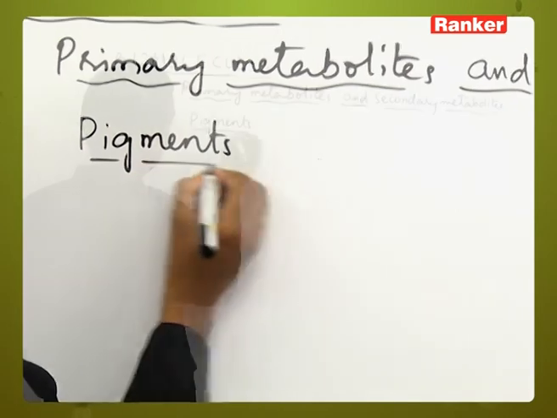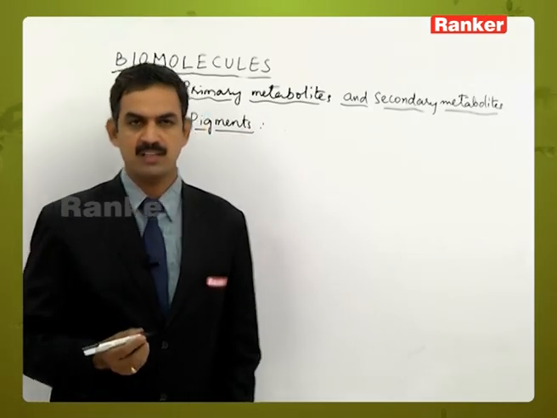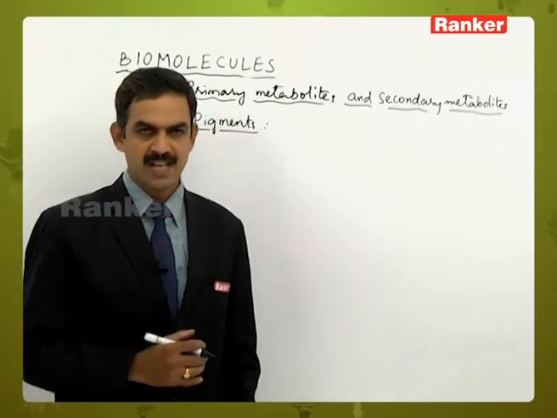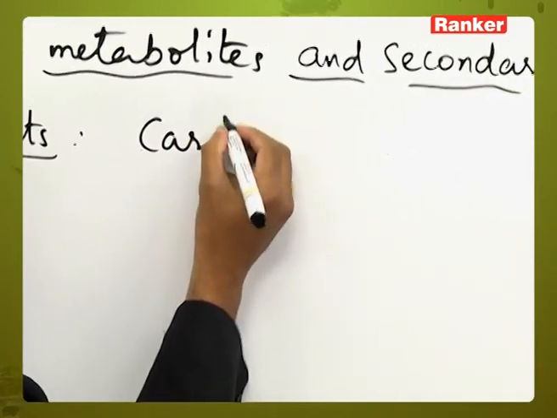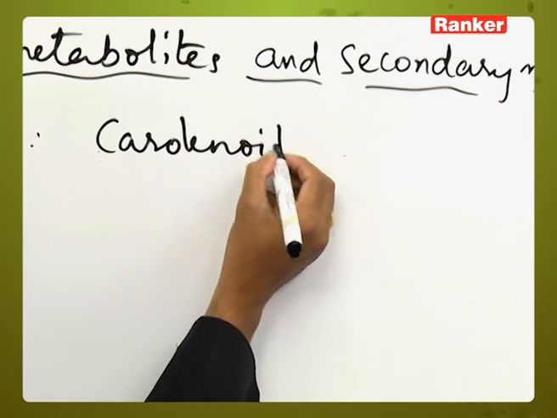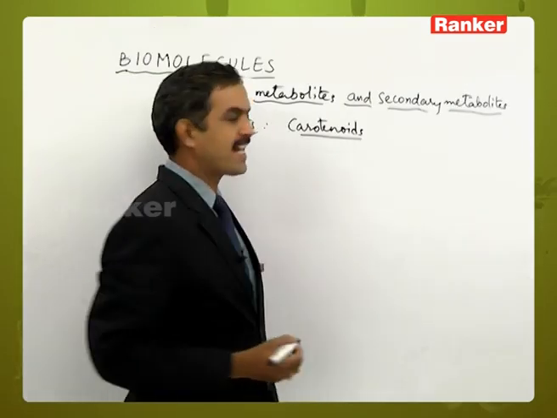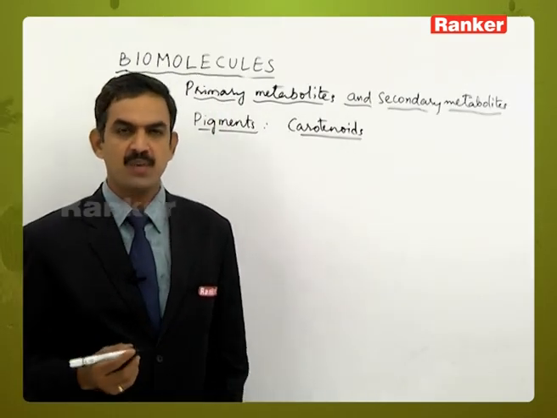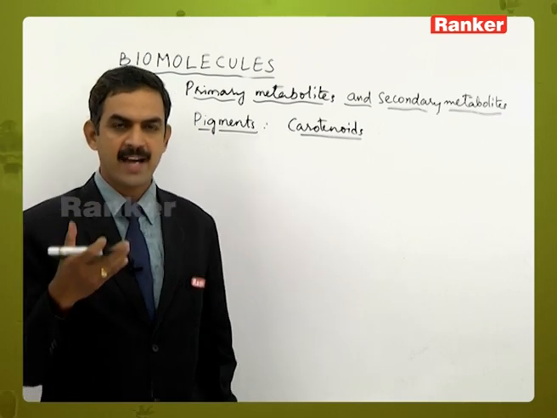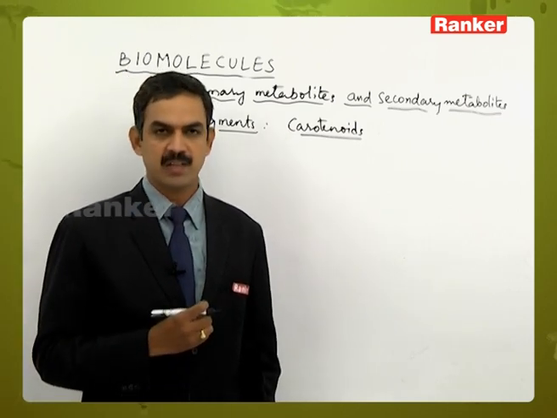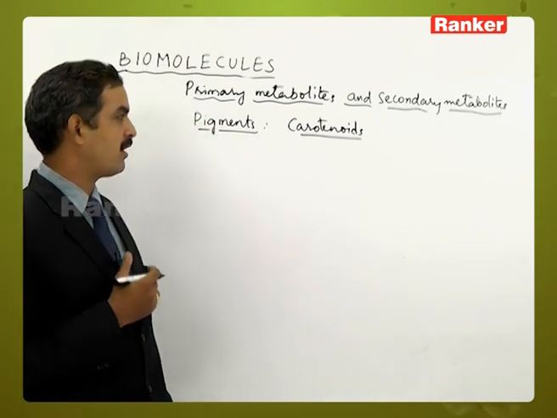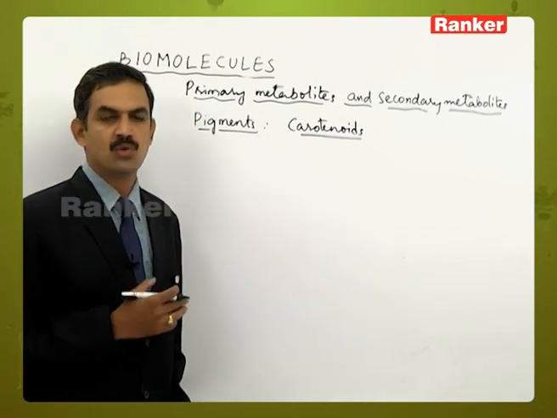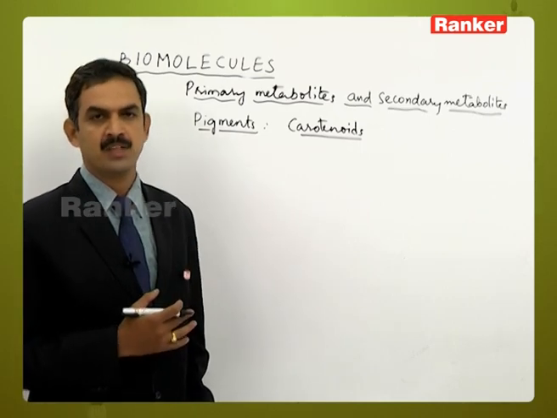As we know, plants produce many types of pigments, the chlorophyll pigment, but apart from that, they also produce carotenoids. Carotenoids are the accessory pigments which assist the main photosynthetic pigment present in plants, that is chlorophyll. Such pigments are carotenoids, like xanthophylls and carotenes.